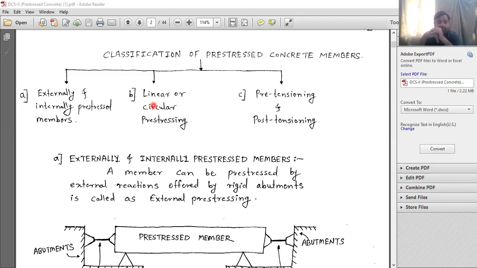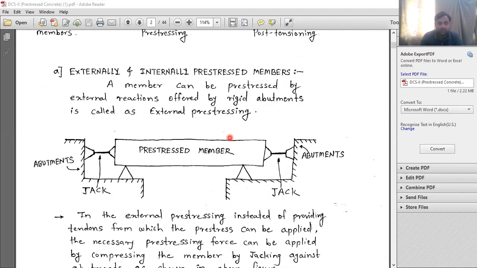And the third base is pre-tensioning and post-tensioning. We will see all of this one by one, and you will get clarity on these things. Now here the procedure is explained, how exactly it is applied.